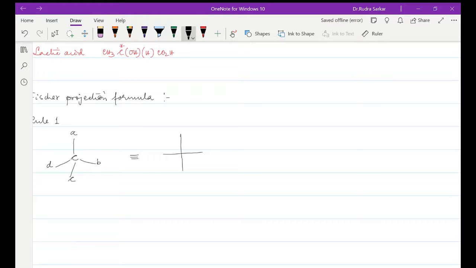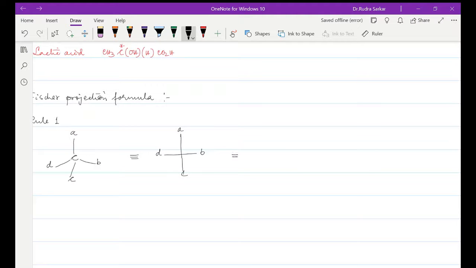And so any atom or group that is lying on the vertical line is lying away from you. Okay, that means they are lying behind the plane of this paper on which I'm writing. And the groups that are written on the horizontal line, they are facing towards you.